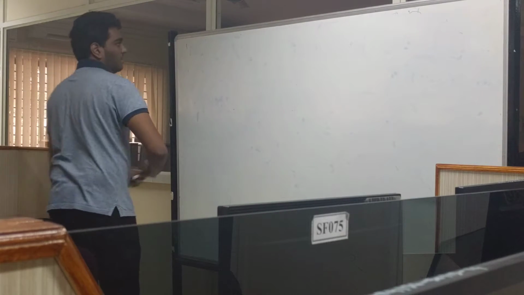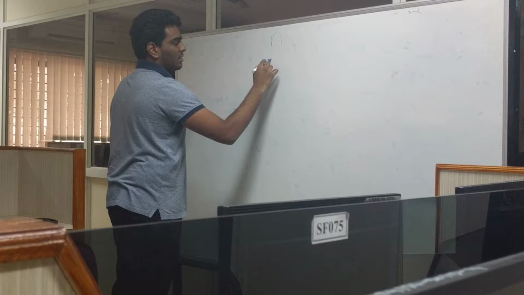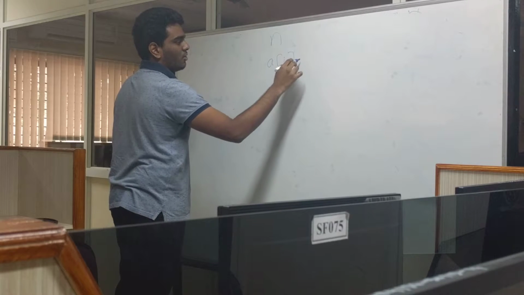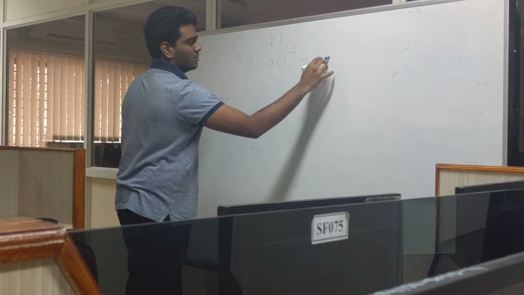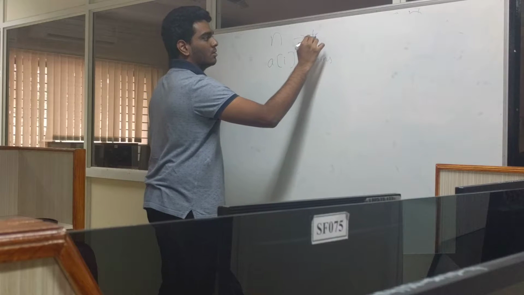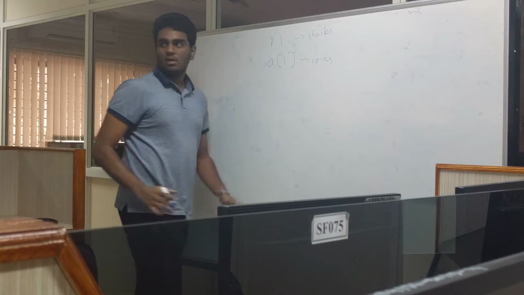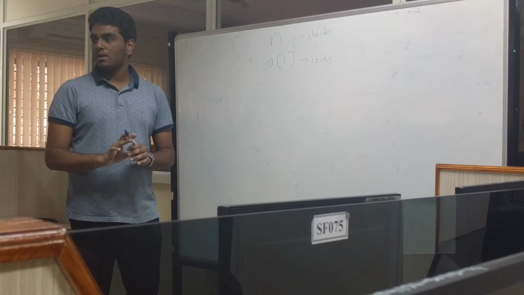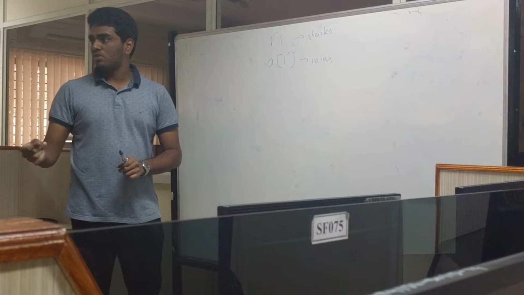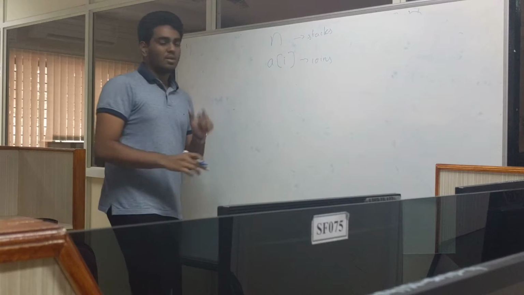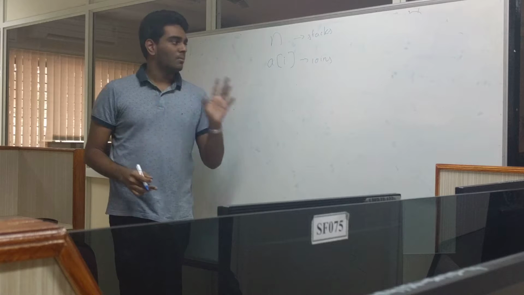In Nim you're given n stacks. Each stack has A of I coins. In one move you can remove any number of coins from a stack, but a positive number of coins, from only one stack.